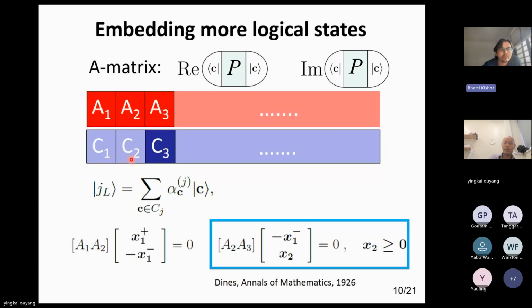Are you speaking, Yingkai? I think maybe somehow you're not audible. Can others hear Yingkai? No, I can't hear him either. I don't know. Is she accessing chat or something?